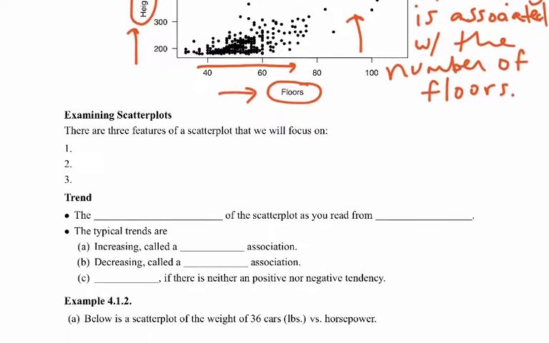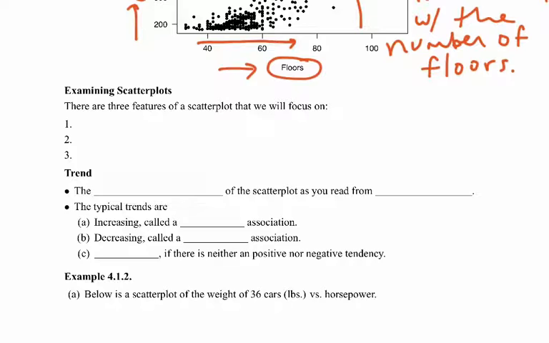When we look at a scatter plot, there are three things we would use to describe it. One is the trend. As we look at the graph from left to right, what is the graph doing? Is it going up? Is it going down? Is it staying flat? Then the strength. How strong is that relationship?